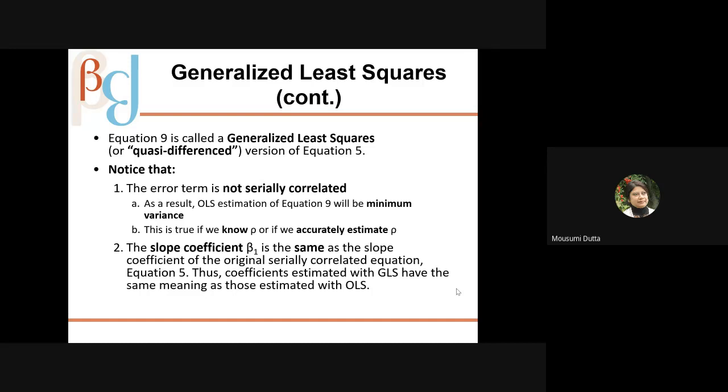So the slope coefficient beta 1 is the same as the slope coefficient of the original serially correlated equation 5. Thus, the slope coefficients estimated with GLS have the same interpretation, the same meaning, as those estimated with OLS.